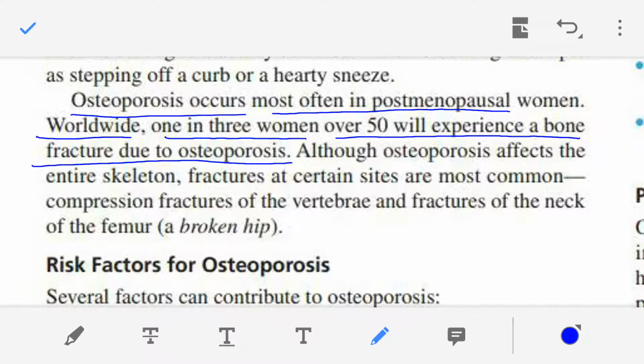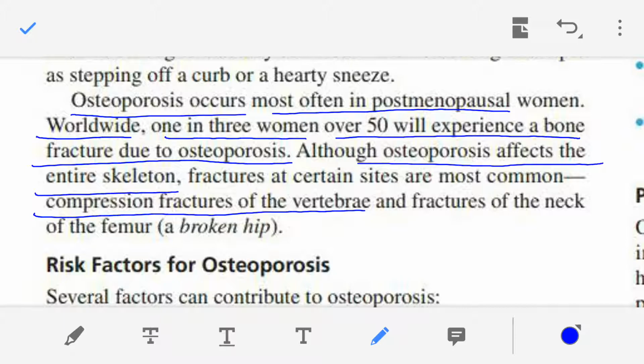Now, even though osteoporosis affects the entire skeleton, in our body there are specific sites that are more prone to the attack of osteoporosis. The common sites of our body are the compression fracture of the vertebra. This is the one place where osteoporosis is most observed.